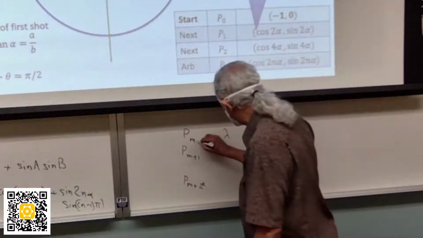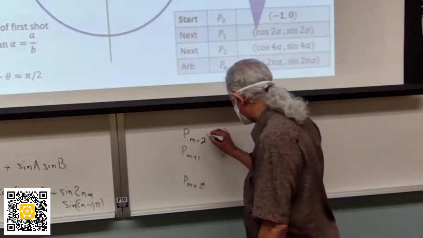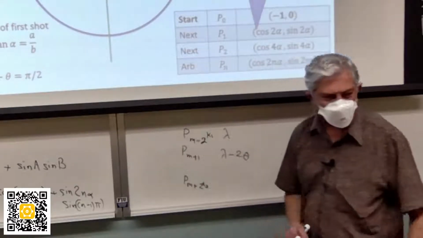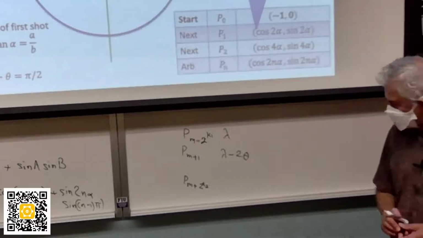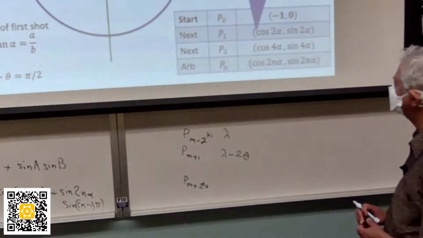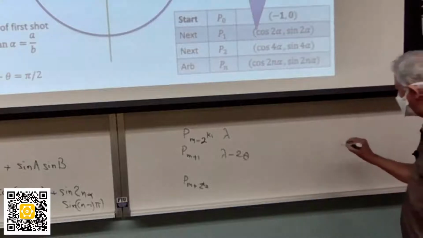So let's say that this m is some 2 to the power k1. And let's say that we now want to add a different power of 2. What we are going to end up with is something that looks like this.